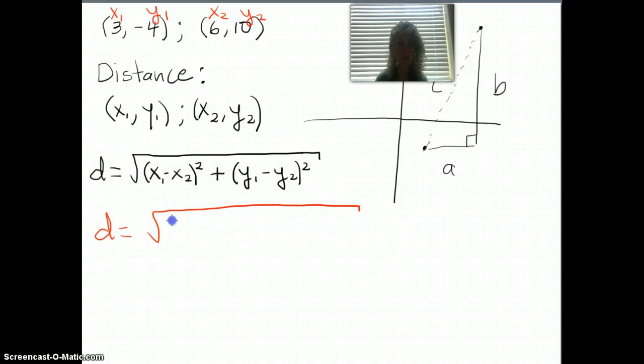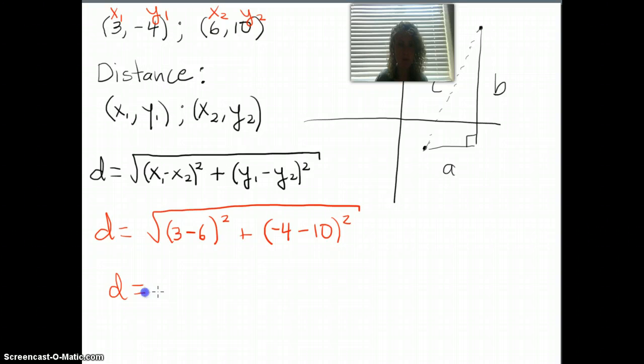And then where there's an x1, I'm going to come up here and say that's actually 3 in this case, minus x2, which is 6. And that piece will have to all be squared. Then we get to add on the difference of the y's, so y1, which is -4, minus y2, which is 10. And that piece has to all be squared.